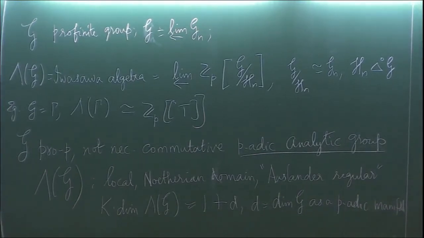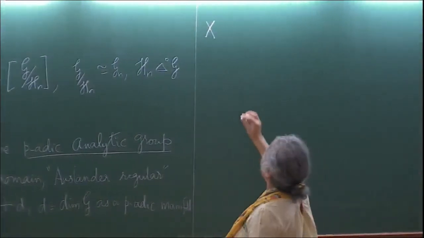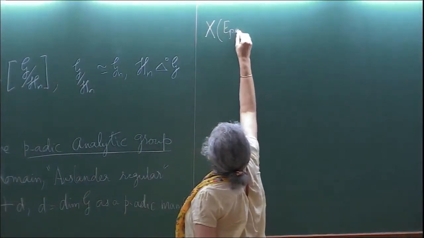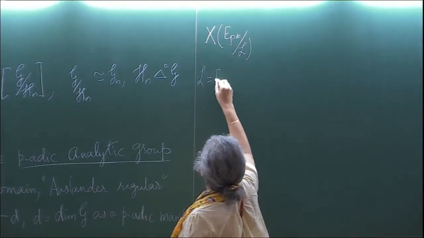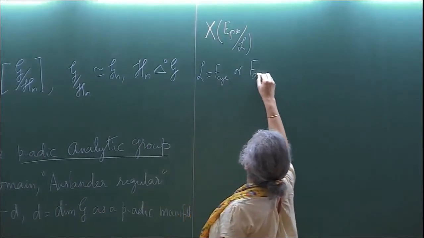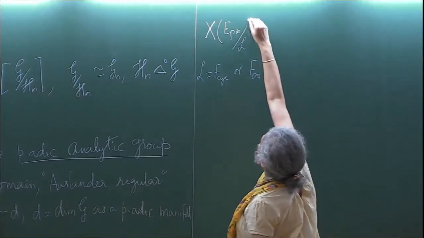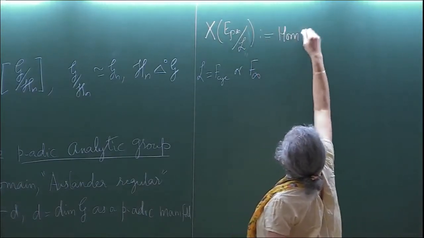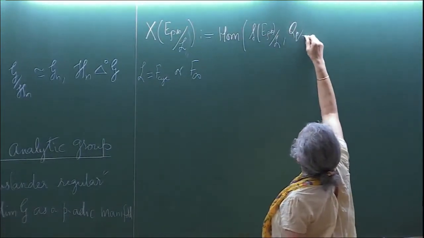Okay, and now in this world, it's nice to work with compact modules. I have those discrete modules there, and there's an easy way to make them compact. You just take the Pontryagin duals, and those are what I'll be considering. So I'll reserve the letter X for X(E, p^infinity) over whichever field I'm considering. L will typically be F-cyclotomic or one of those F-infinities. And X(E, p^infinity) over L is by definition the Pontryagin dual of the Selmer group over L, with Qp/Zp coefficients.